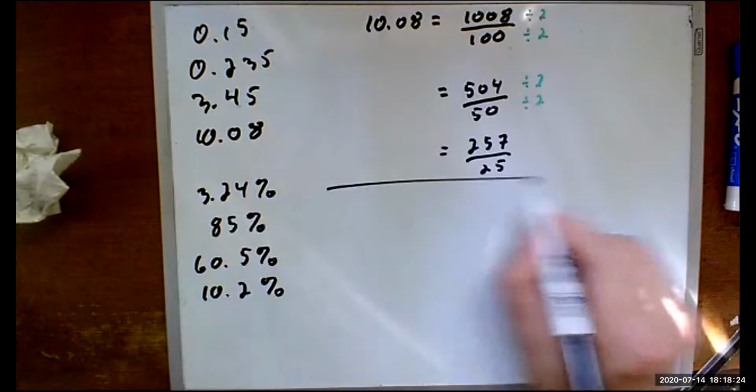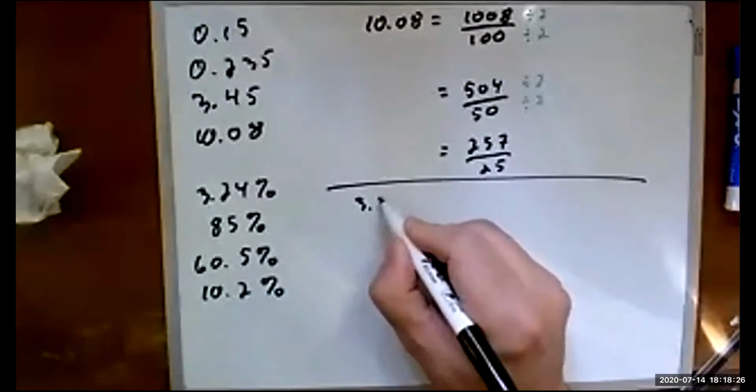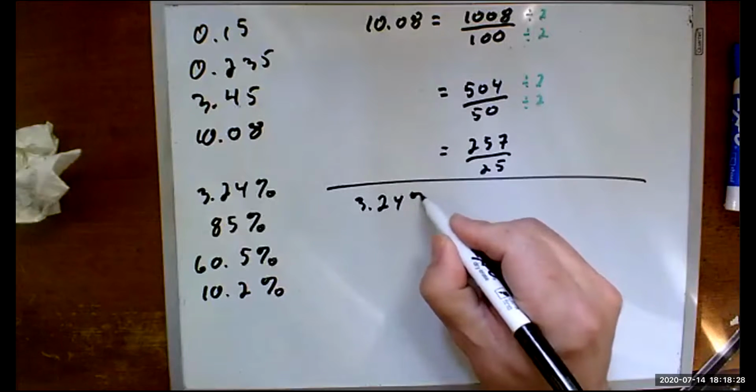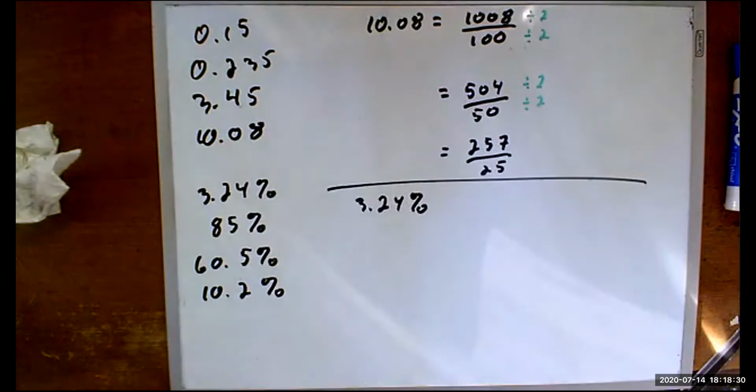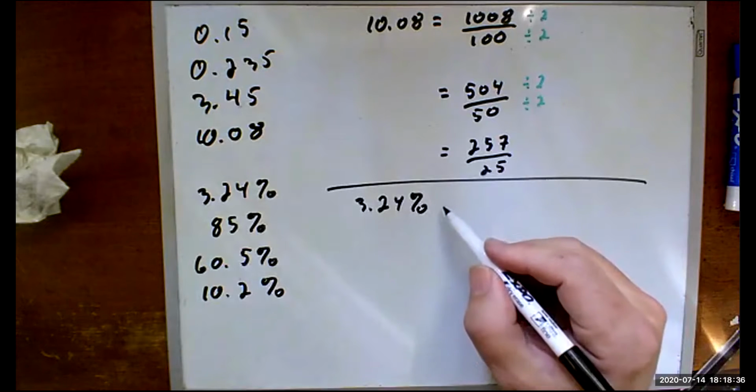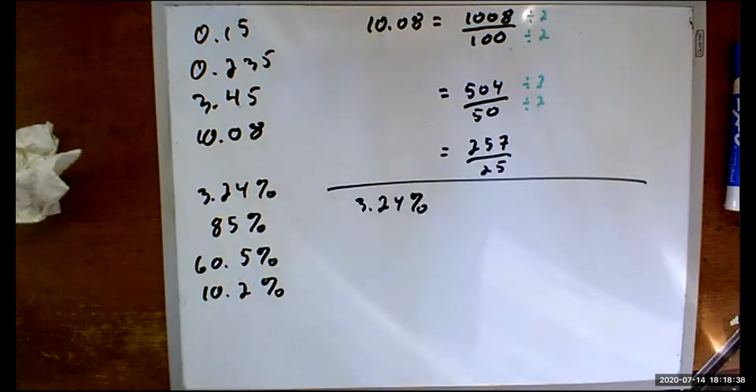So I have 3.24%. Our very first step is always to move this 2 decimal places to the left. We need to turn this into a decimal.